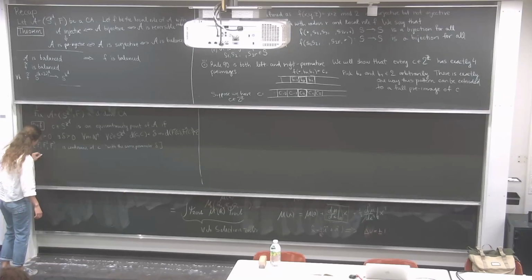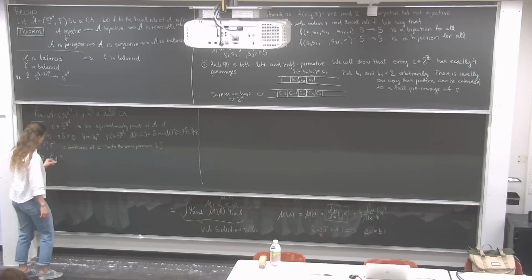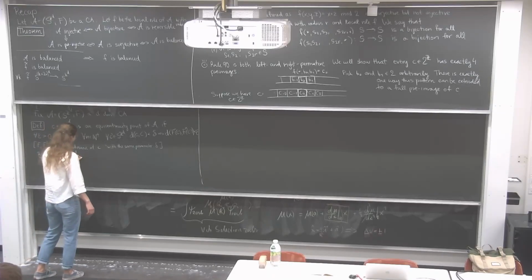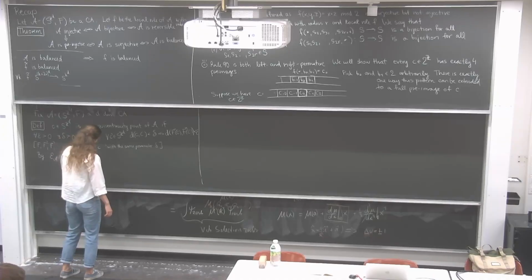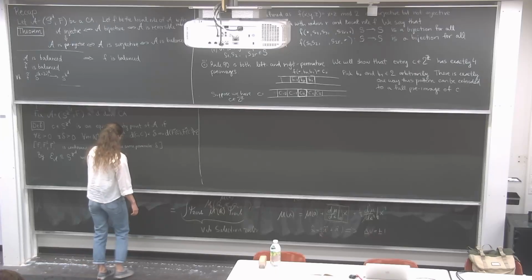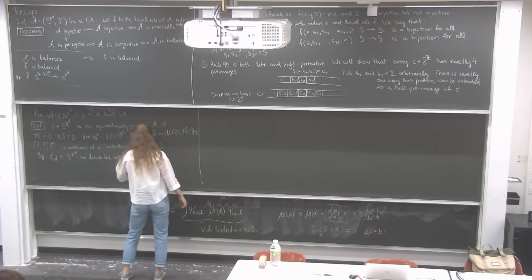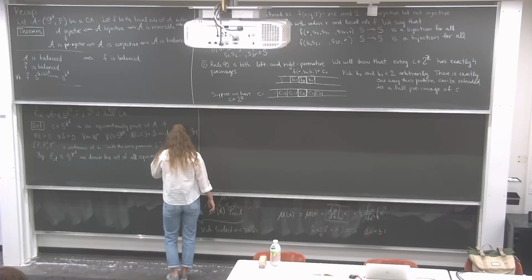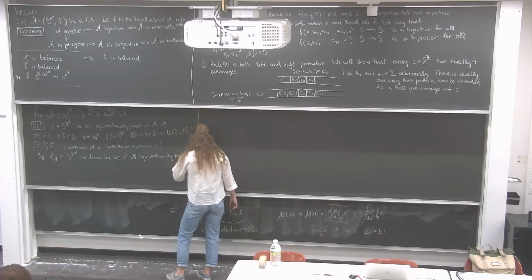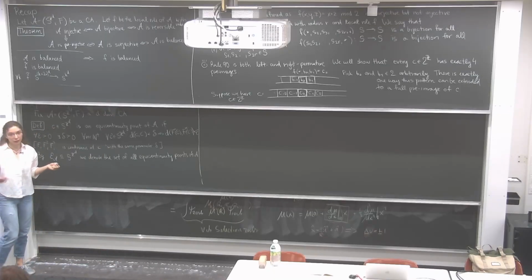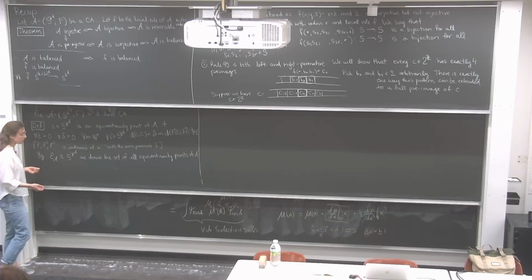So by E of A, we denote the set of all such equicontinuity points of the CA. And lastly, we say the CA is equicontinuous if every configuration is an equicontinuity point.